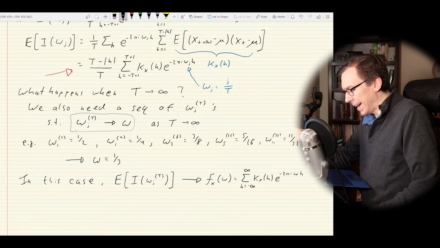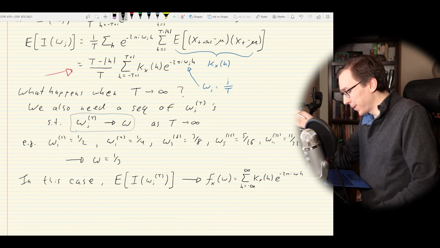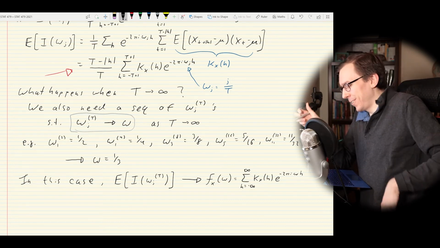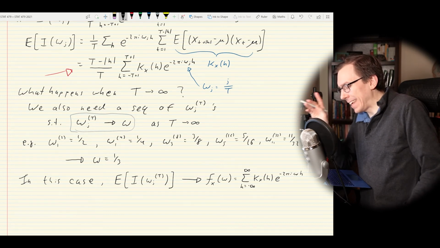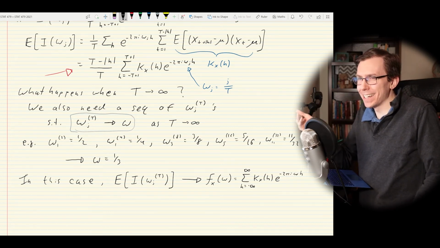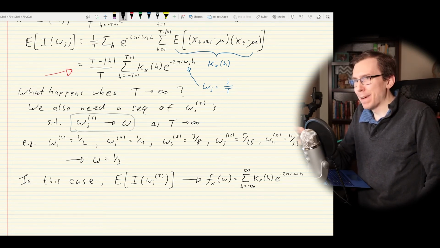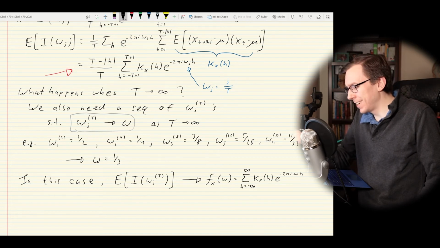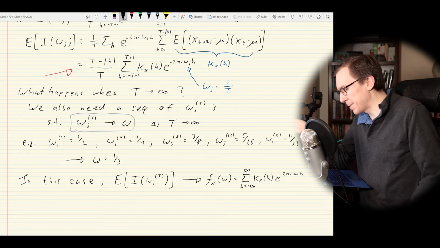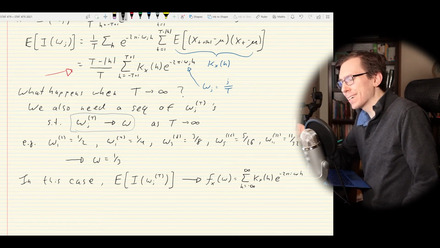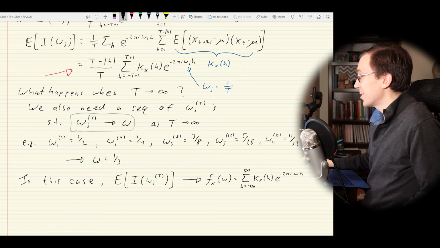Right, so what do we have? We have simply that we're going to tend to the spectral density as long as we just finagle the omega j's so that they actually tend to something, because otherwise it would just go to 0, right? If we just fixed j and then took t to infinity, then omega j would tend to 0, and that would be really boring because then we would just have the spectral density at 0, which is not overly interesting, I think. Anyway, right, so we got that.